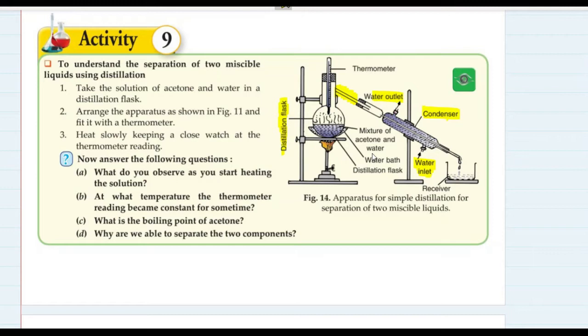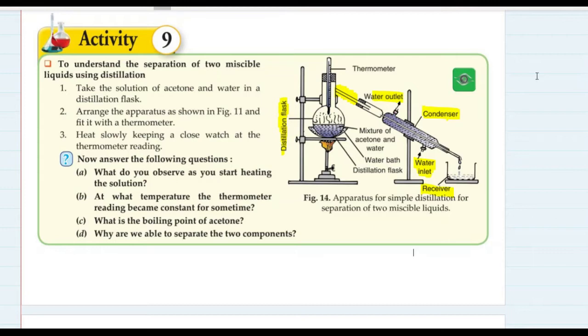It is just there for cooling the vapors, for condensing the vapors. As soon as this room temperature tap water comes in contact externally with this tube, the vapors inside the tube condense immediately due to the low temperature around it, get converted into water droplets, and are collected in this receiver.